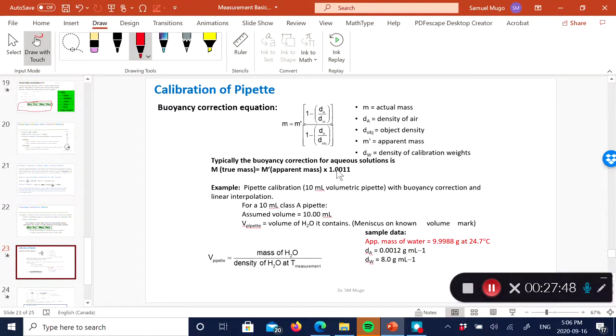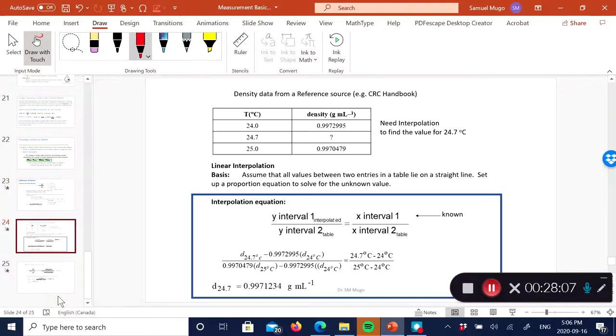And so you need to multiply by that buoyancy correction factor to get the true mass, and then you can divide it by the density so that you can get the true volume, and you did that already. Maybe the only thing that I'd like to emphasize is the following.